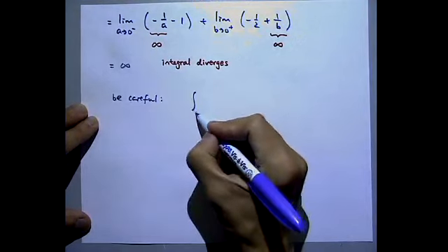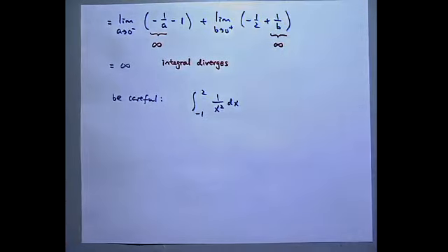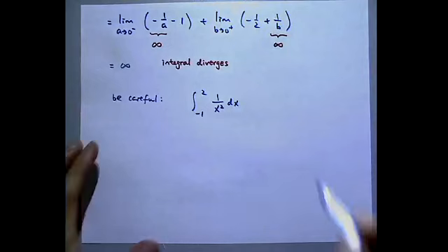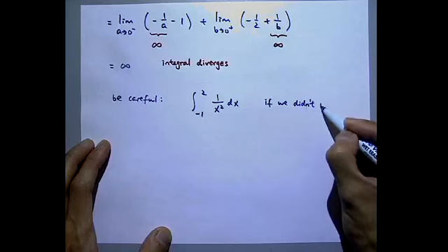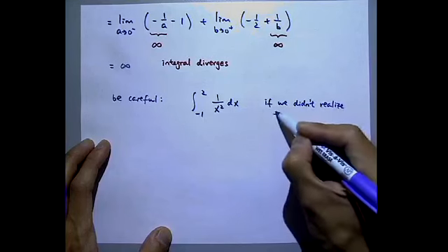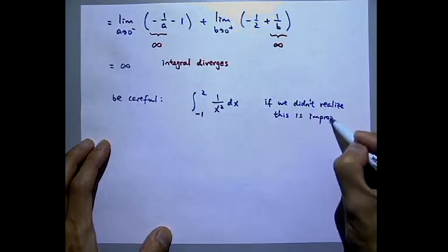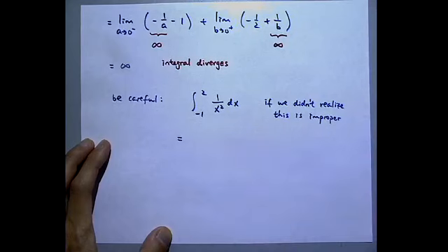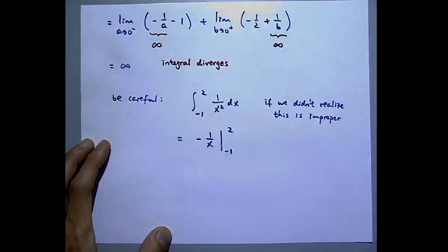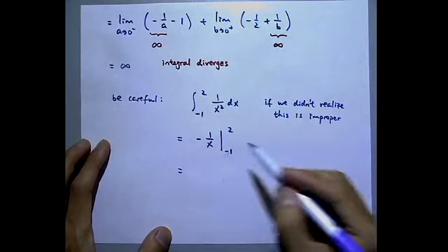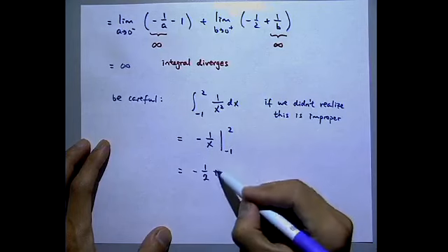If we look at what we started with, if we didn't realize this is improper, and we just integrated it where we normally would, like that, we get negative 1 over 2 plus, no, minus 1.